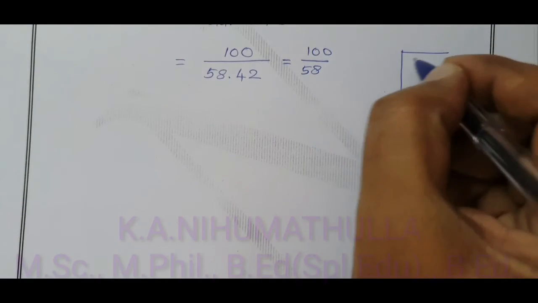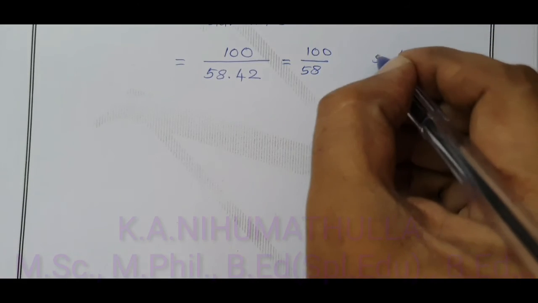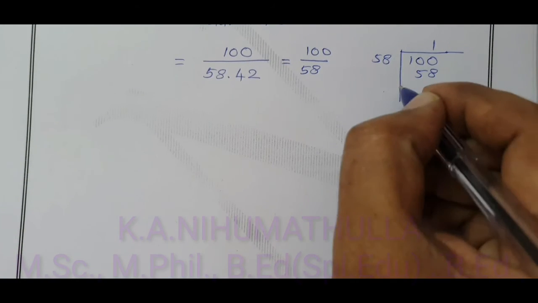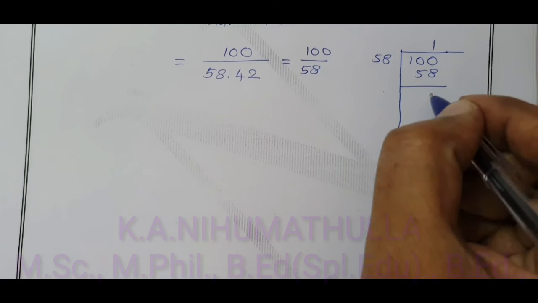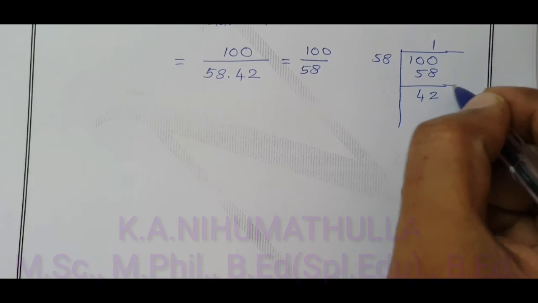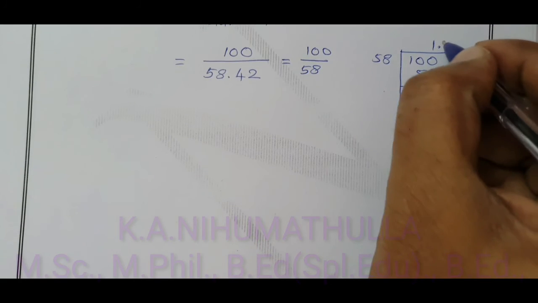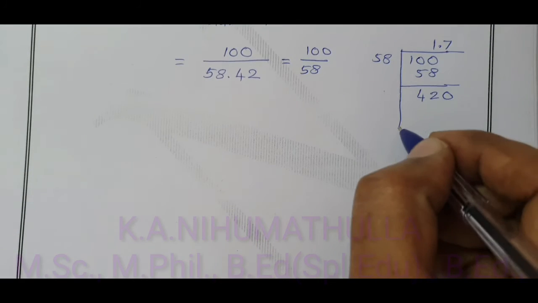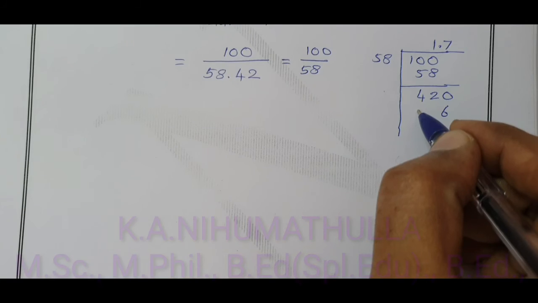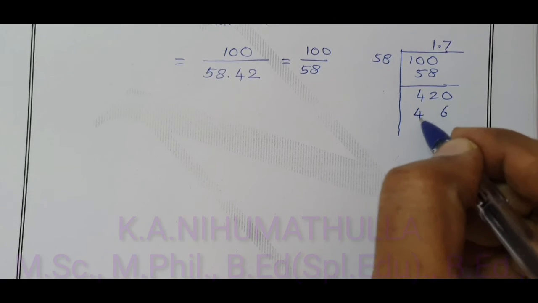100. How to solve it? 58. 158 is 58. Then 10 minus 8 equal to 2. 9, 4, 42. When you put here 0, 0.7 8s are 56, remaining 5, 35 plus 5 equal to 40, 406.